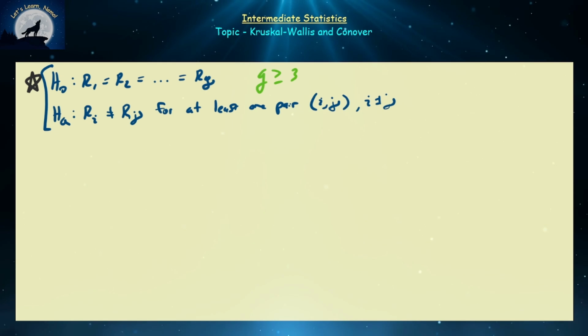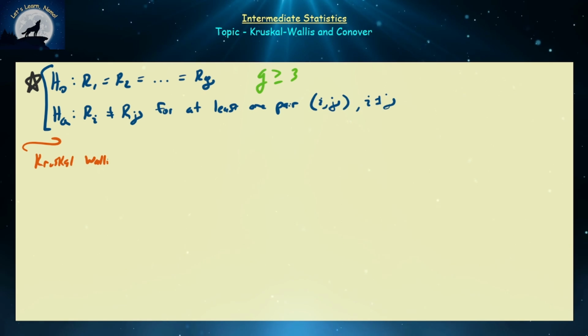So even if you have 50 groups and 48 of them are really similar to each other, if one of the other 2 is not similar, then this is going to lead to a rejection, right? And then obviously if it leads into a rejection, you can do pairwise comparison tests as post hoc tests to figure out which ones are significantly different from each other, right? So how does the Kruskal-Wallis test go?